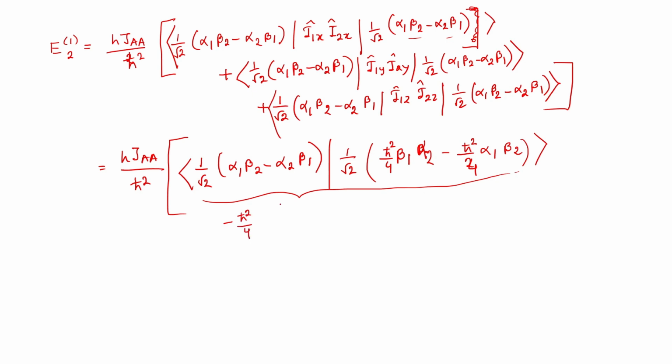If you take that thing common, we are writing 1 by root 2, alpha 1 beta 2 minus alpha 2 beta 1. And then beta 1 alpha 2 you are taking outside, minus h square by 2. So here there is alpha 1 beta 2, 1 by root 2 is there. I'm not taking that out, and beta 1 alpha 2.